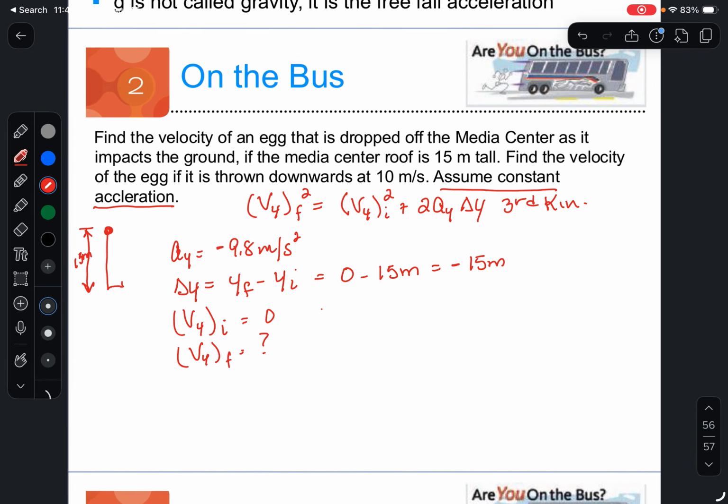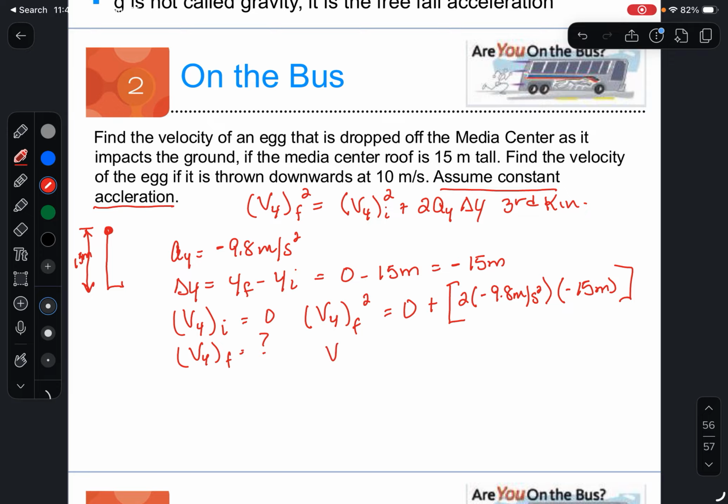So we know that Vy final squared is going to equal Vy initial, which is going to be 0, plus 2 times negative 9.8 meters per second squared times negative 15 meters.